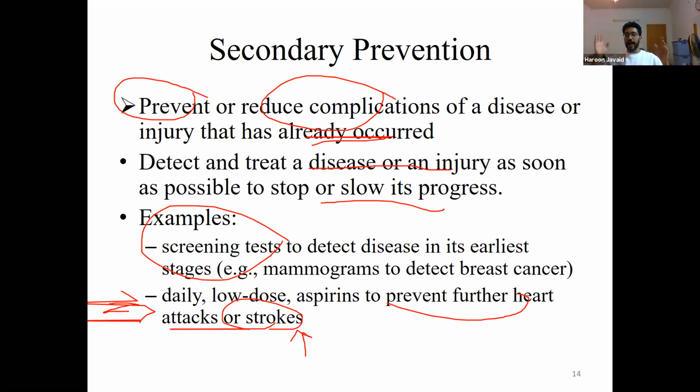If PSA levels are higher than a certain value, they're like, ooh, this person may have prostate cancer, so they do further tests on them. When they do further tests, they figure out if he has it or not. So the idea is if the person had prostate cancer, we catch it in the earlier staging before they actually start to develop symptoms and it becomes more dangerous.